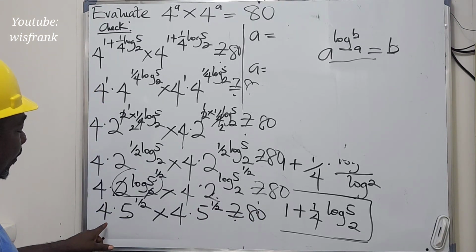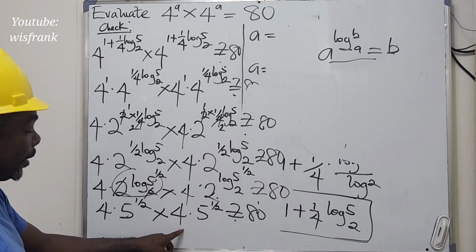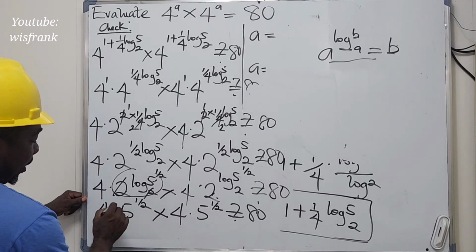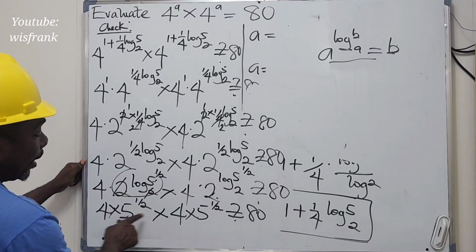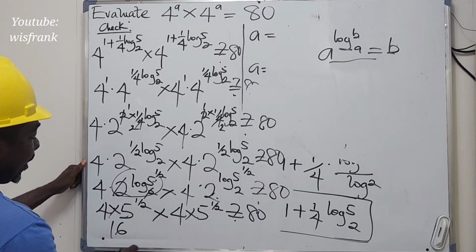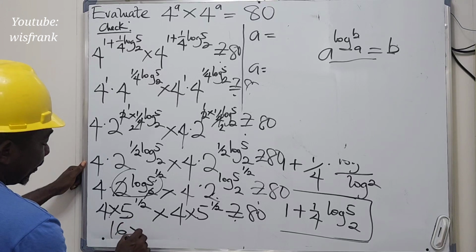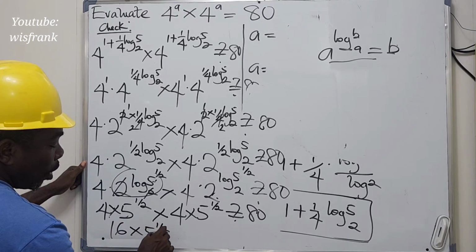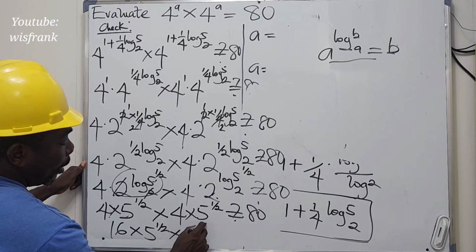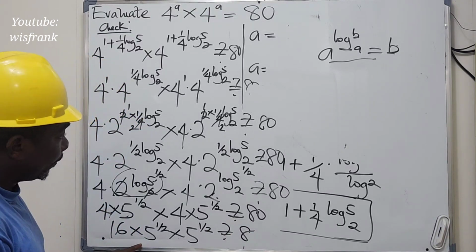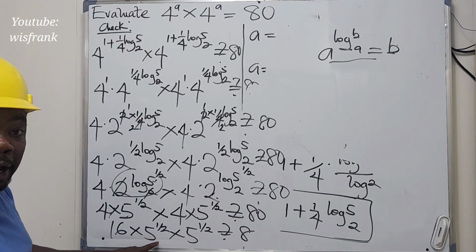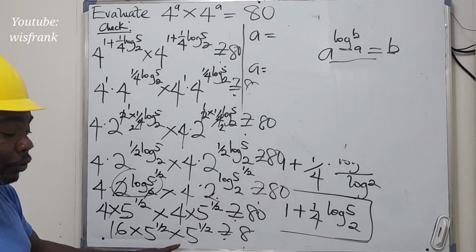We all know that 4 times 4 is 16, because all of this is multiplication. You need to multiply out all this. 4 times 4, we have it as 16. Then we have 5 to the power of 1 all over 2 times 5 to the power of 1 all over 2. Will this equal 80? You can see that when we have 16, we have 5 to the power of 1 all over 2.